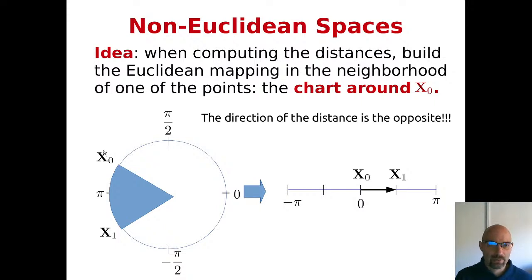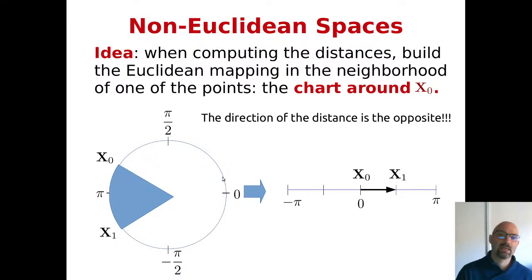In this lesson, we will use capital letters to denote points on the manifold, and small letters to denote points on the chart. And here it's just to show the mapping. If we do this, we are quite happy because we can calculate the distances from x0 quite resiliently, because the singularity is far away.